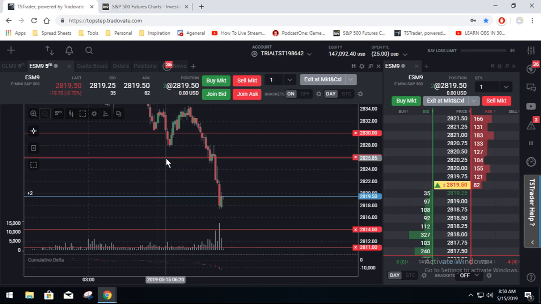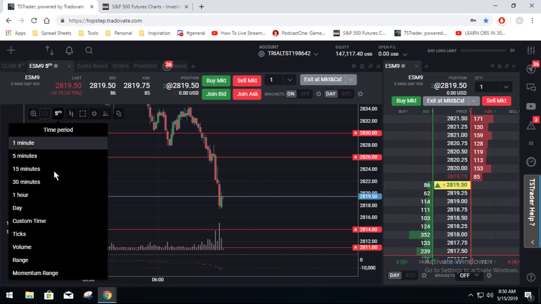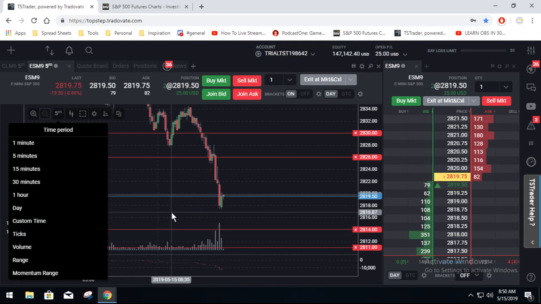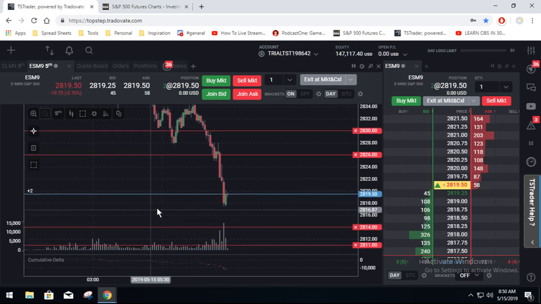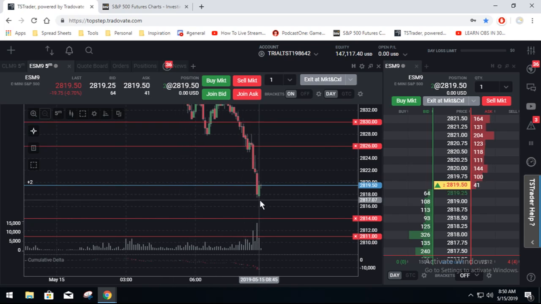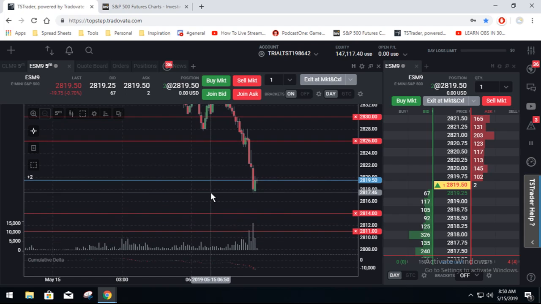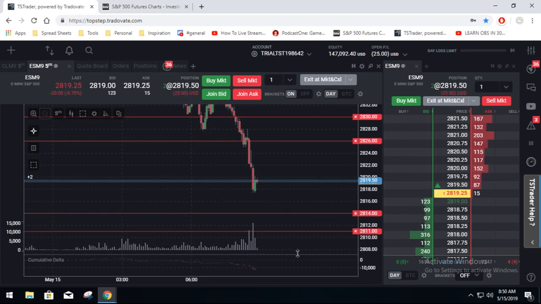You use 5-minute bars. You could use more or less, ending tick bar, volume bar, range bars. So delta is negative overnight.